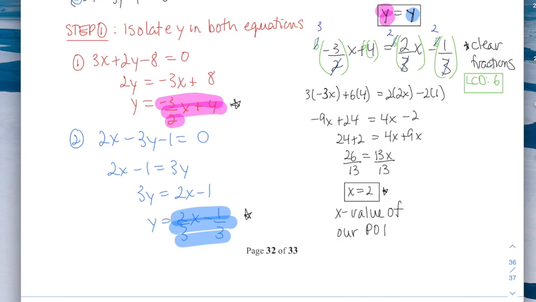Now in order to find the y value of our point, what we need to do is sub x equals 2, okay, into either equation 1 or 2, because those are just rearrangements of the original 1 and 2 that we saw.